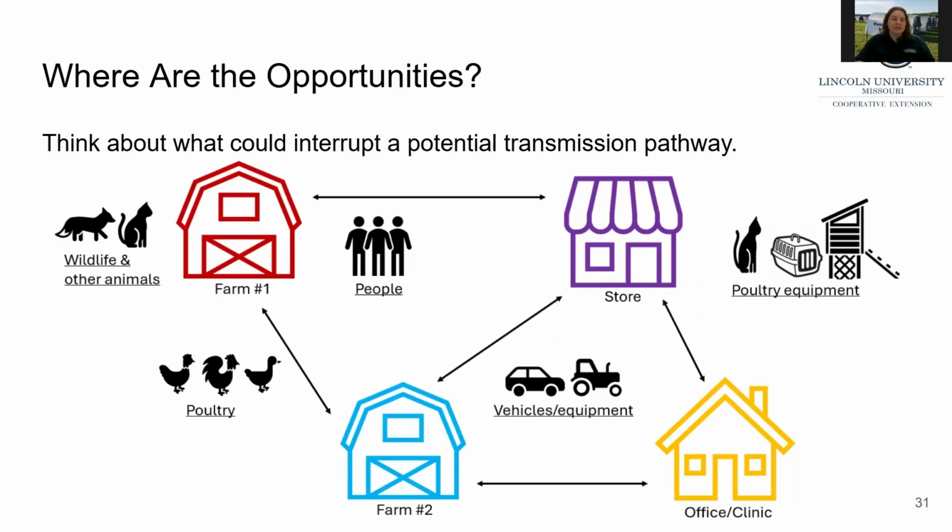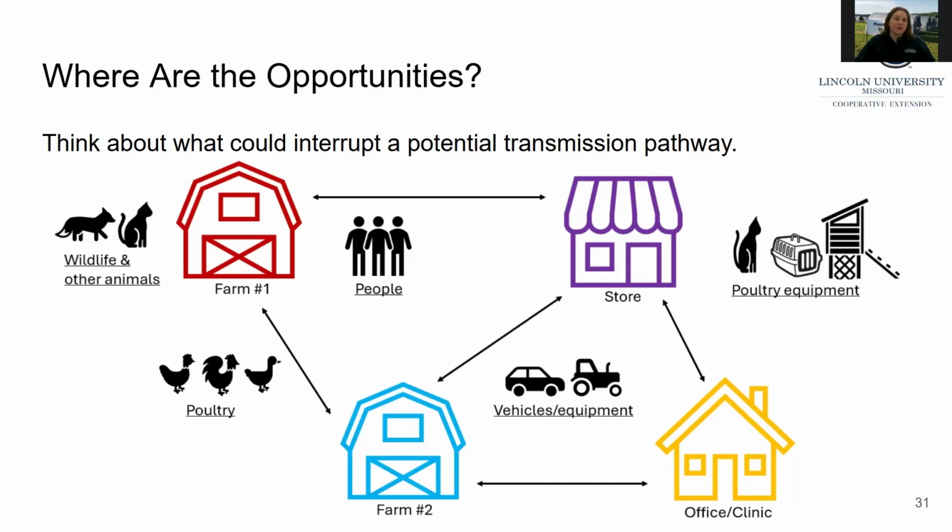The important thing is that we don't have to identify one single intervention right away. In fact, I would encourage you to look for several possible opportunities before making any suggestions to change. If one isn't practical, another might be. And sometimes several smaller changes can work together without requiring a major change to the operation.